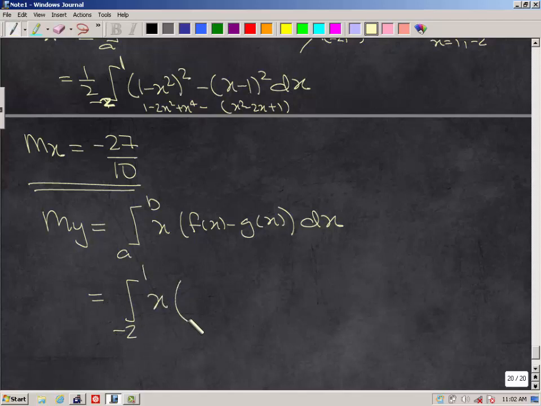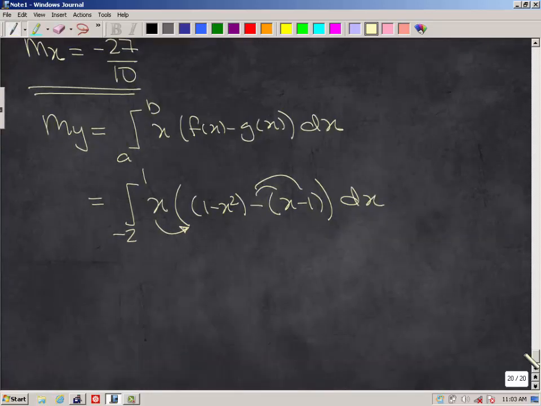We have x. F of x was 1 minus x squared. Again, please make sure you guys use parentheses because of the negative signs. dx. You distribute the negative, collect the terms, and then multiply everything by x, and then do term by term. So if you did that, you would end up with negative 9/4. So that's m sub y.